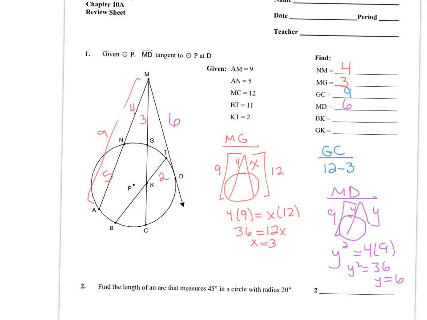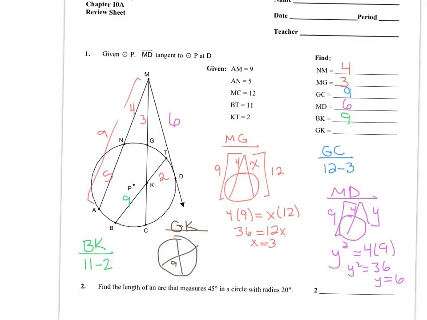Well, they told us if BT is 11 and KT is 2, I'm going to write this over here, we know that BK is just 11 minus 2, or 9. Finally, leaving us with GK. GK is part of a chord. So I guess I'm going to squeeze it in here. Sorry, this is very not organized.